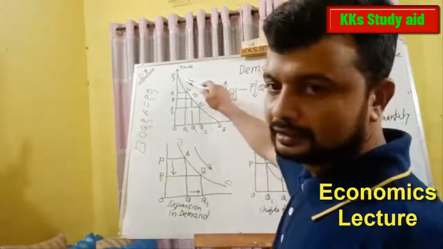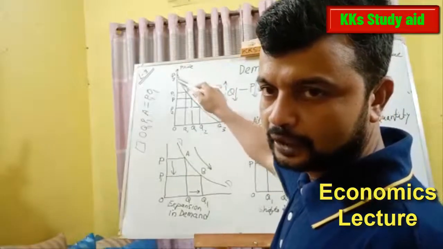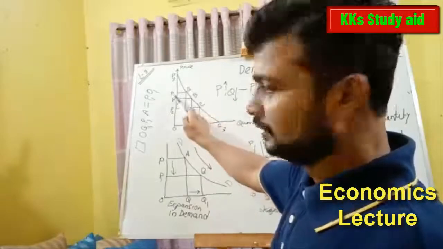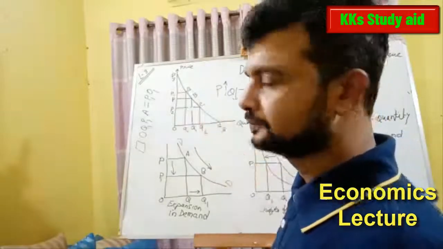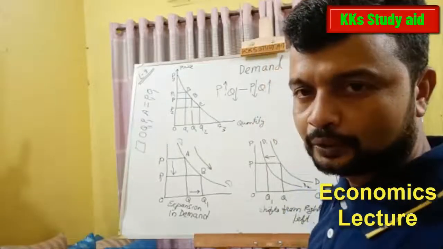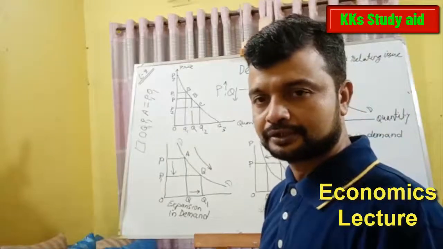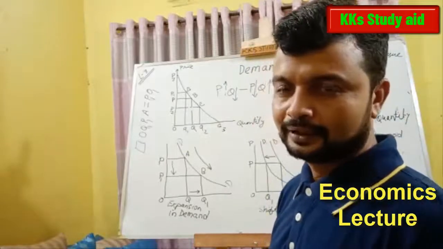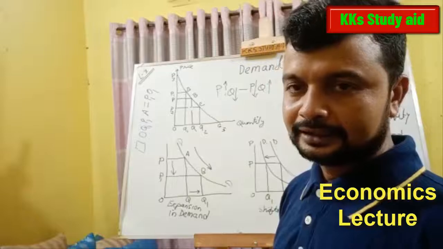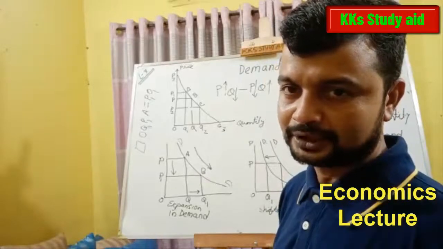This is the typical demand curve, which slopes downward from left to right. What does it show? It shows the inverse relationship between price and quantity. In other words, the demand curve shows what will happen to the quantity when price changes.